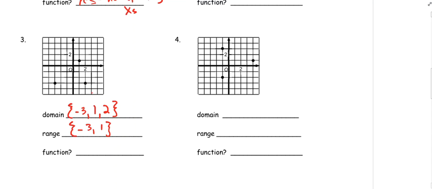And is it a function? Yes, it is. No repeating x's. And you can always use that vertical line rule. When you draw a vertical line, is it going through more than one point? Nope, no situation here has more than one point. So these are both functions. Pause the video, do 2 and 4, and see if you get the same answers as me.